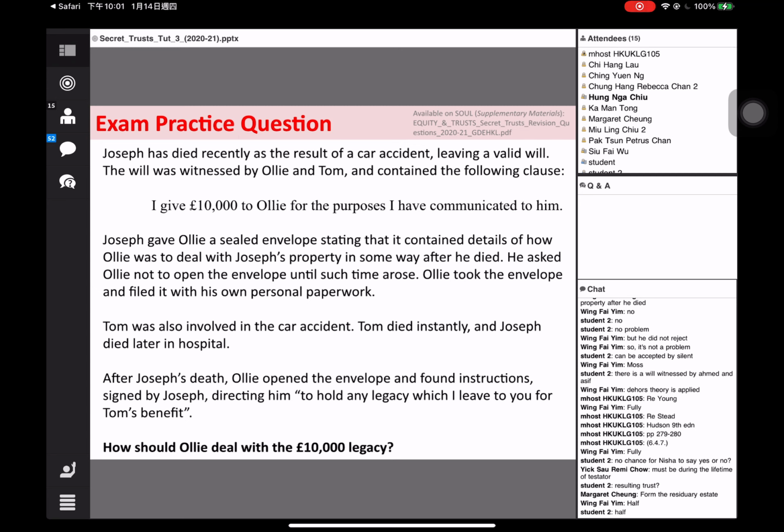This is where you need to make the point that the communication and acceptance must occur before or at the time of the execution of the will. Also note again, Re Keane.